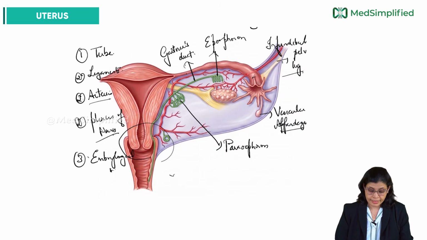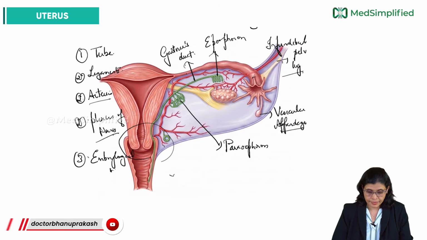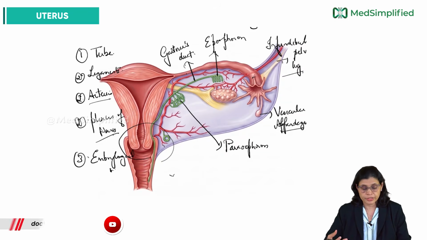These are the three embryological remnants within the broad ligament. Other than this, we see other structures, that is the lymph vessels, lymph nodes and fibrillar tissue. All of that is seen within the broad ligament.